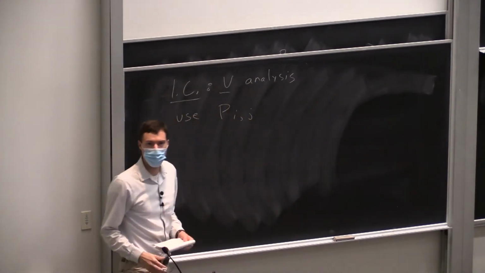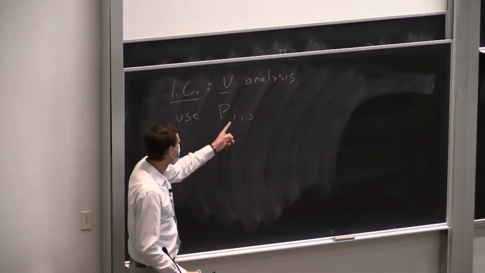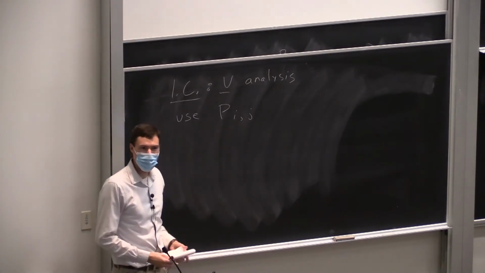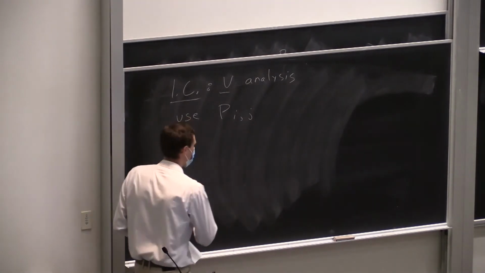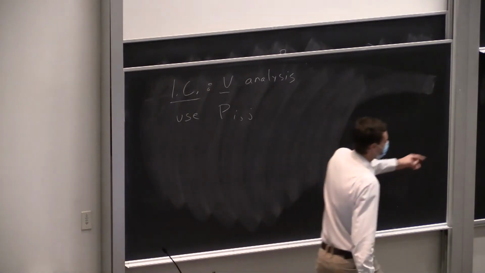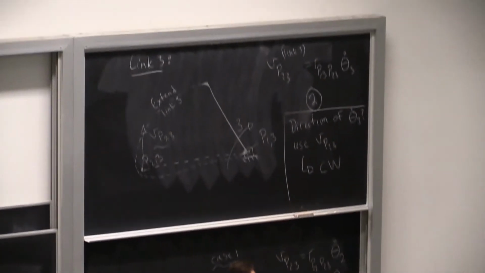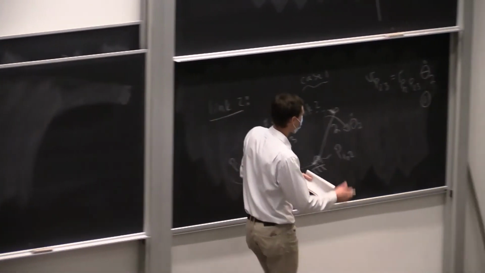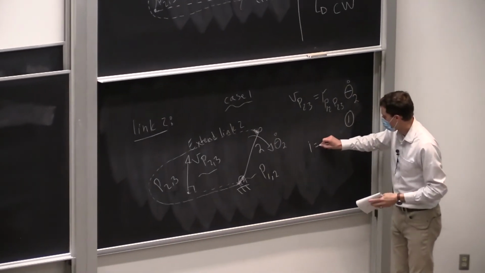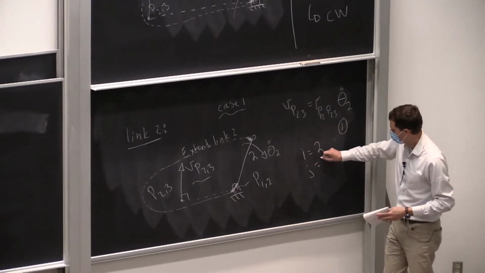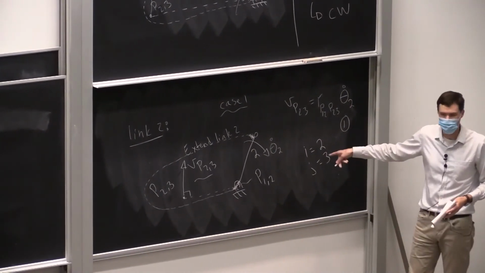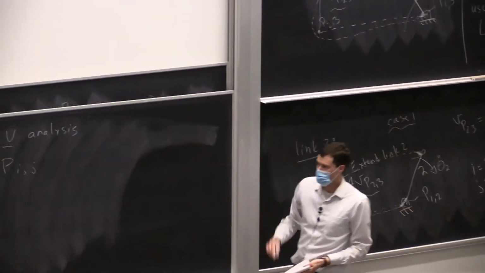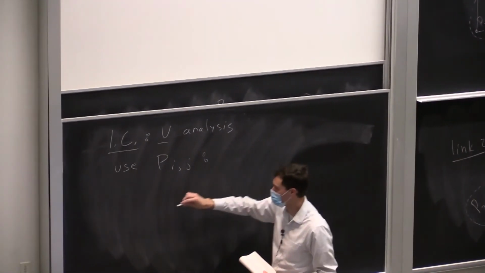So you're going to use some instance center, Pij, to transfer motion between link i and j. And we're going to write the equation. We had equation 1 and 2 over here. I'm going to write general versions of that. We had, in this case, i equals 2, j equals 3. That's the case we studied. For any ij, I'm going to write that out here.